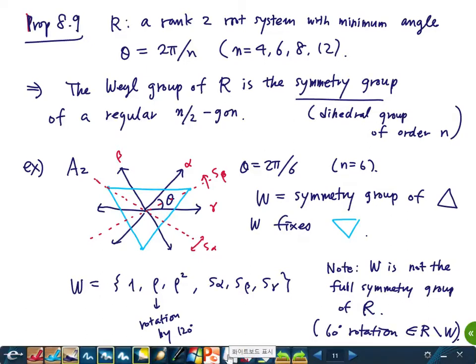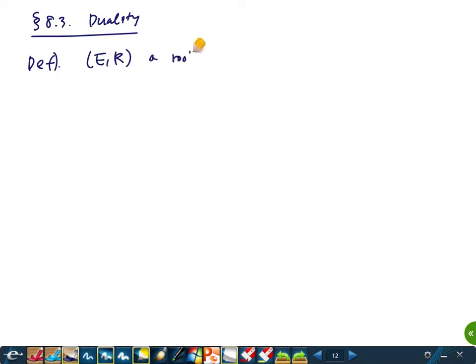Okay, to the next section. So, duality. Again, we have a root system R. For alpha a root, the co-root is denoted by H sub alpha.